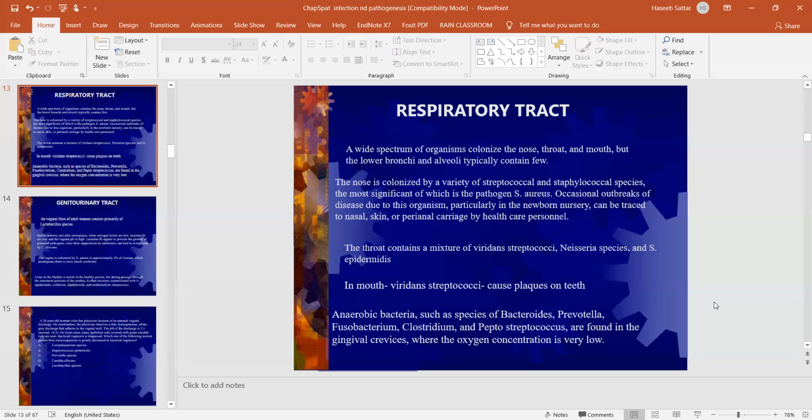These viridans species are also involved in some systemic infections. As I told you yesterday, these Streptococcus viridans species can lead to infective endocarditis, and that can cause cardiac arrest or heart failure.